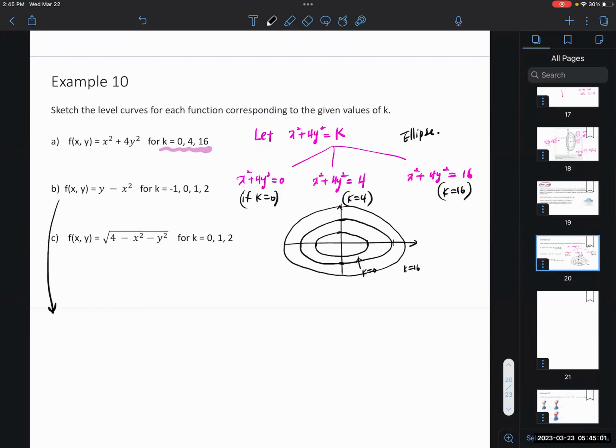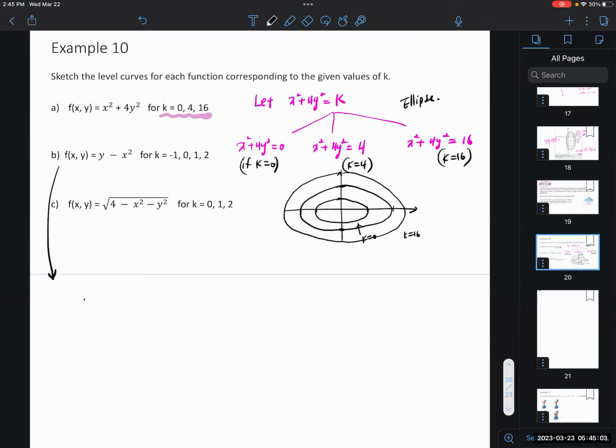Letter B, same thing. If k equal to -1, 0, 1, 2. So I can do y minus x squared equal to -1.